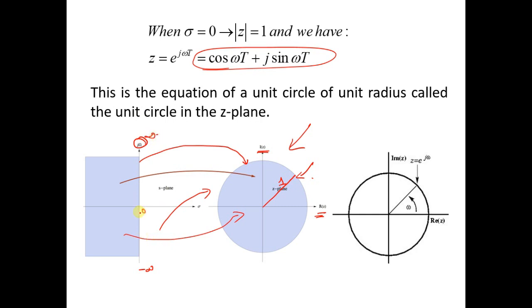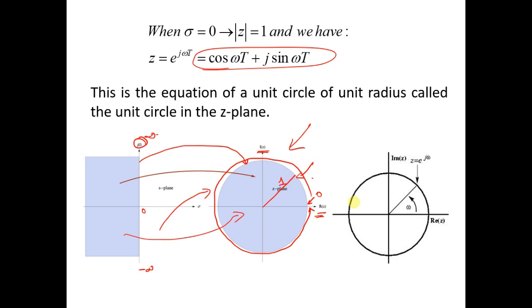So we have this 0 here, and then you come back again to 360 degrees, that is 0. After that, what will happen? Other frequency components will also be mapped onto this unit circle.